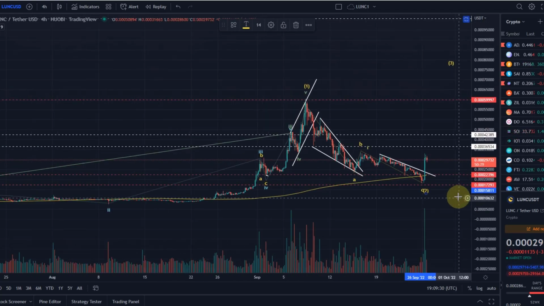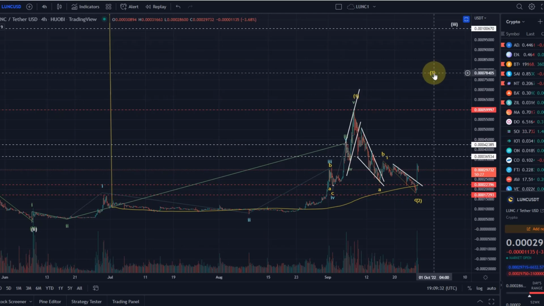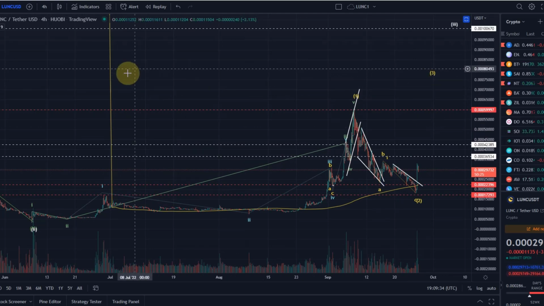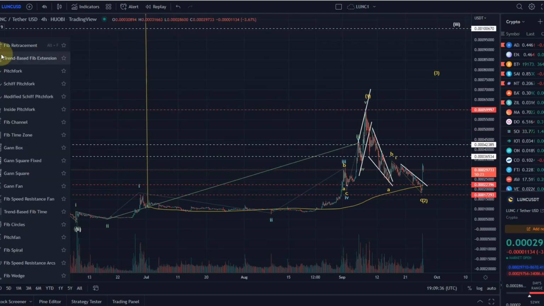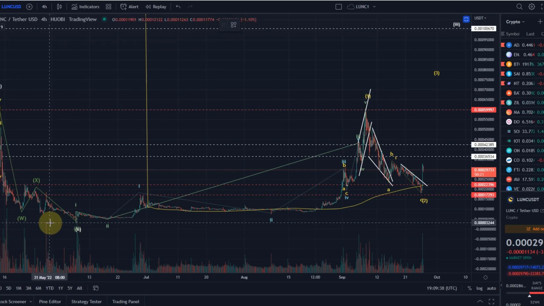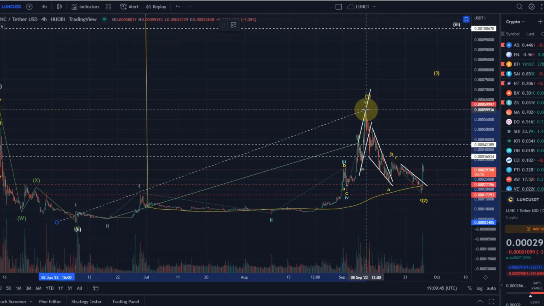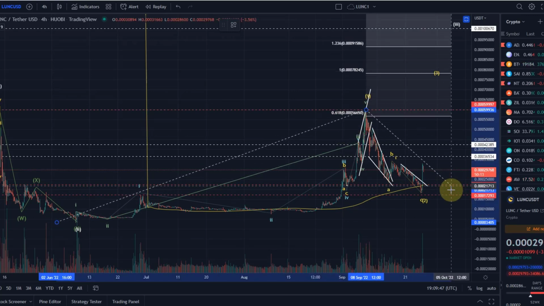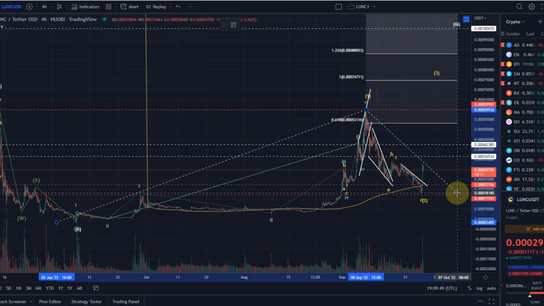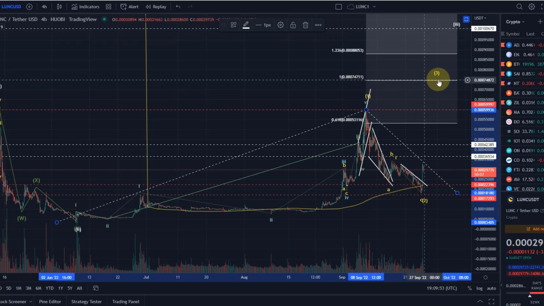So that would mean we have a chance that we're now in wave 3 to the upside with a possible target. Let me just calculate that as well. With the first target, I would say, of around 0.000747.